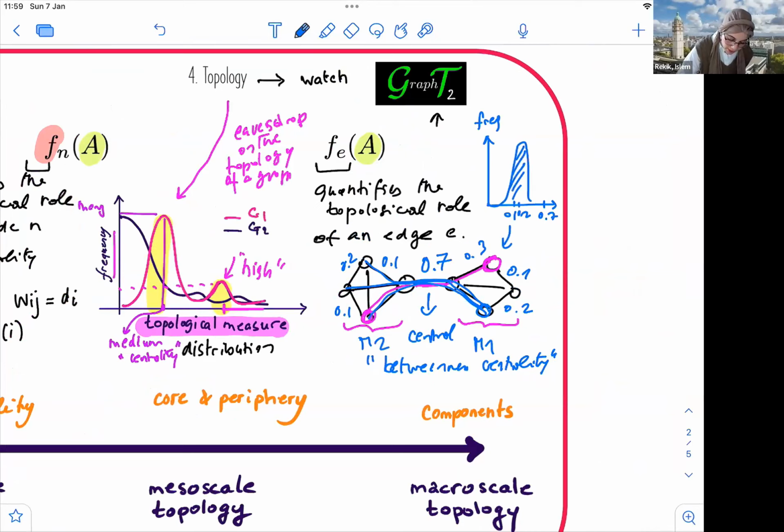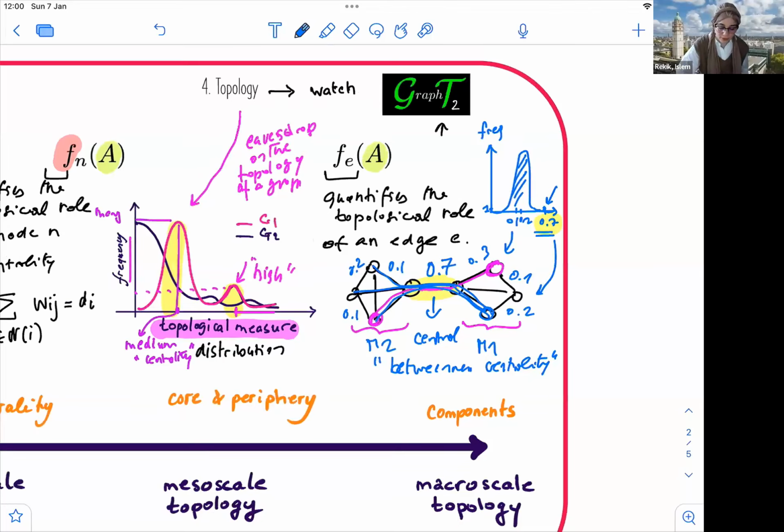So you have a peak here, but for 0.7 you have only one edge, which is the central edge. This is the outlier. This is the most important edge that we don't want to break. So this distribution tells me a lot about the potential structure of the graph, okay?